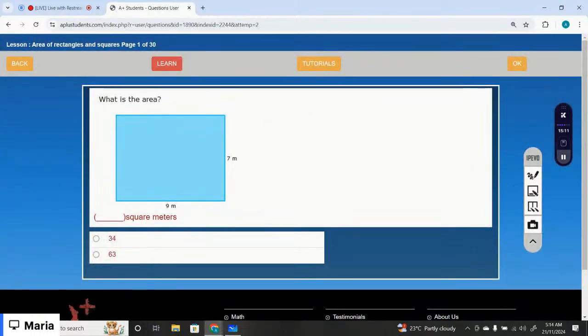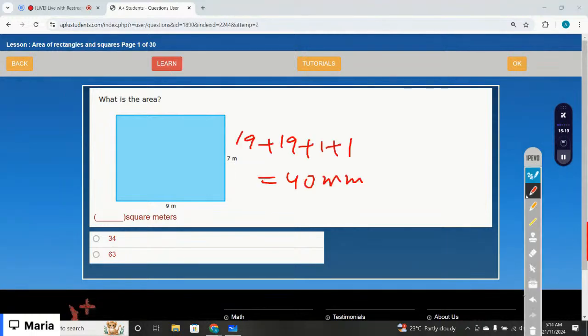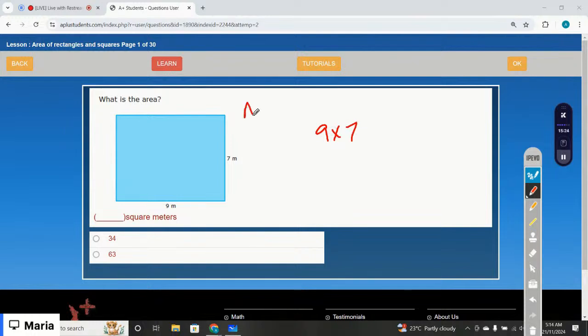What is the area of the rectangle? You have to do length times width, right? So the correct option is 9 times 7. You can note down these formulas. The area of a rectangle is length times width. 9 times 7 is 63.